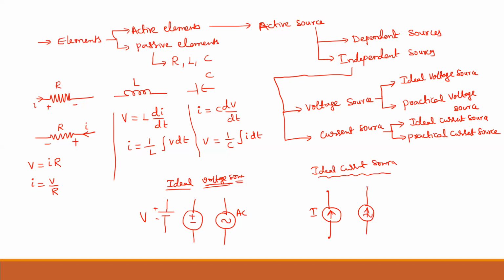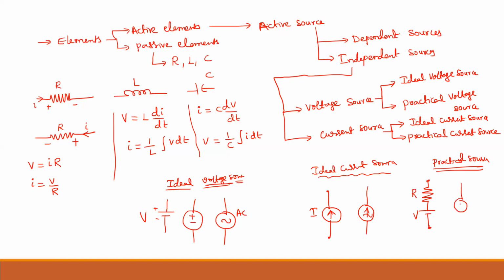If I want to know the practical source representation, how will we represent the practical sources? For a voltage source, you have to connect a resistor in series. Remember that if I have a voltage source, I have to connect the resistor in series.